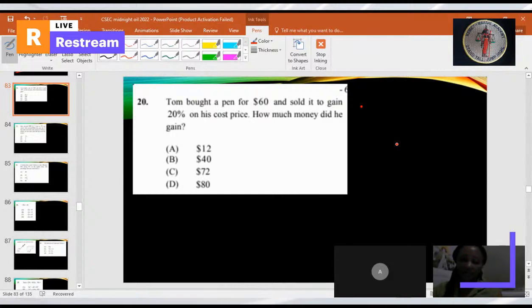That's the profit he made. They're not asking 20% of what number would give 60. So what would I set out? How do I write 20% of 60? 20 over 100 times 60. Okay.